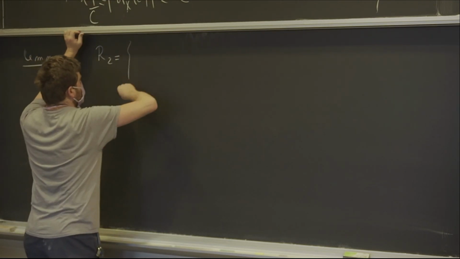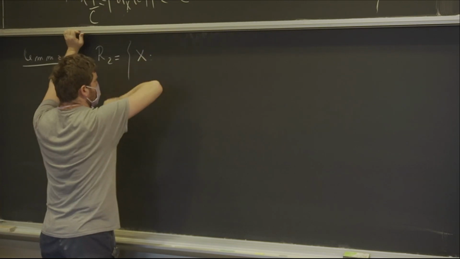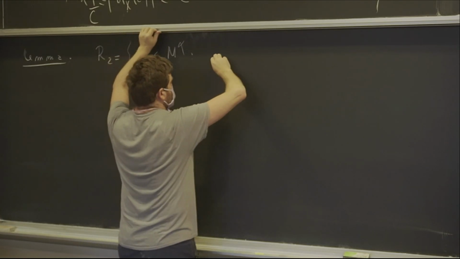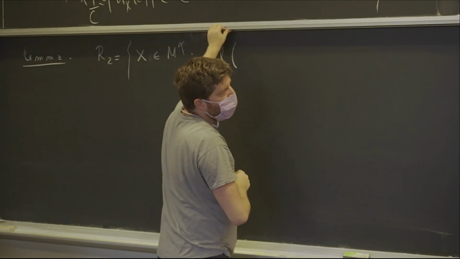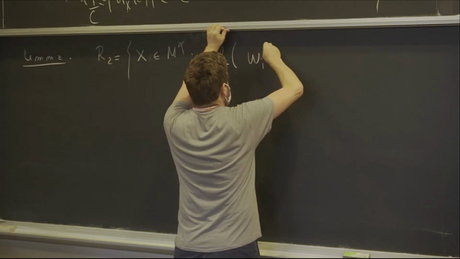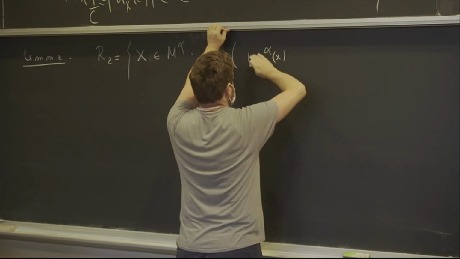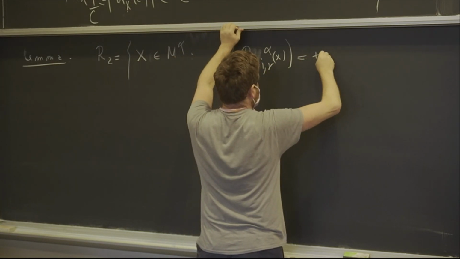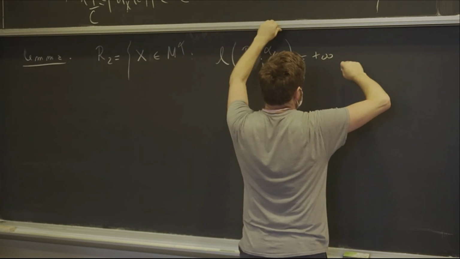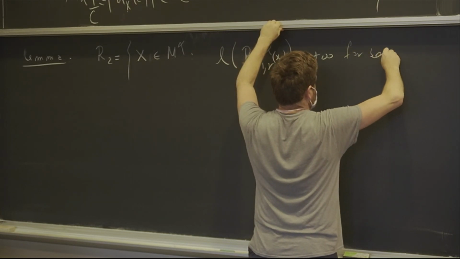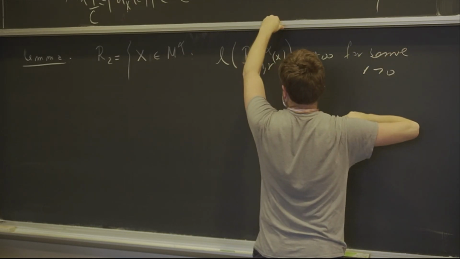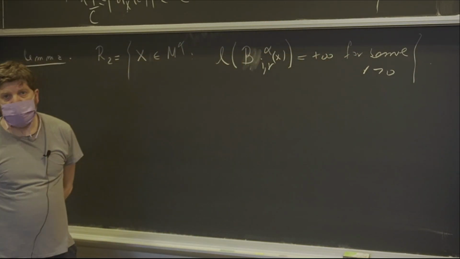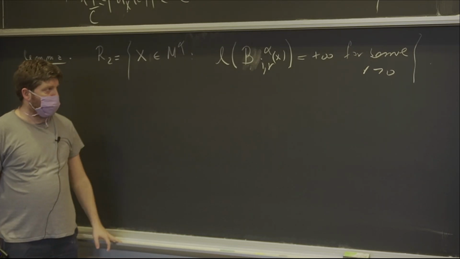So R2 is the set of x in M alpha such that the length of W^i alpha of x, B^i of x, alpha is infinite for some r positive. I don't want this length to be infinite.